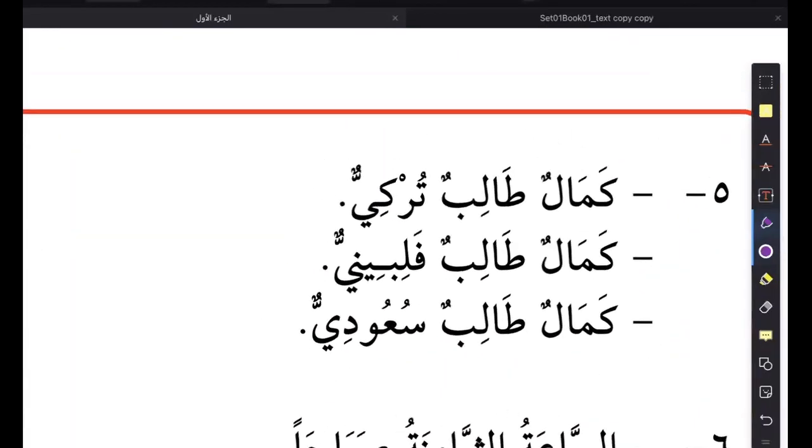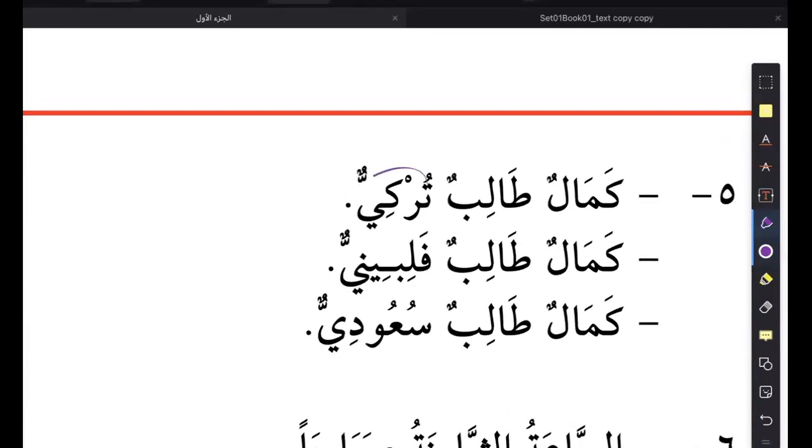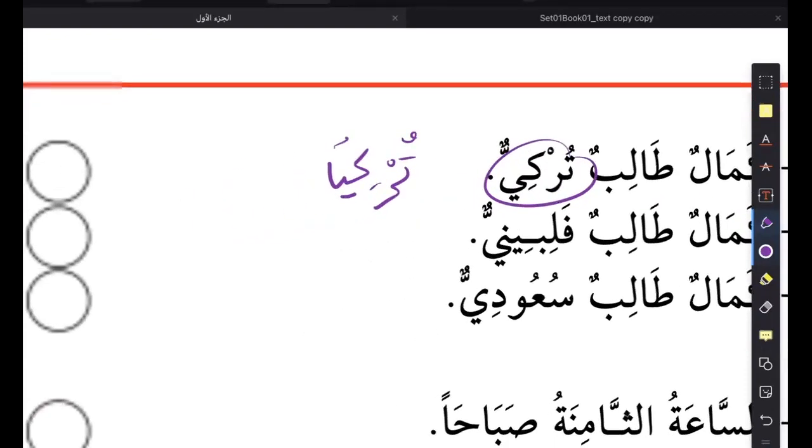These things we also talked about last time, when we covered how we make a nationality. So the country was Turkey. I'm not going to spend too much time here. Turkiya. Okay, the country was Turkiya, right? But how do you say Turkish? He's a Turkish. So we talked about this, that you have to remove the alif or ta marbuta from the end.